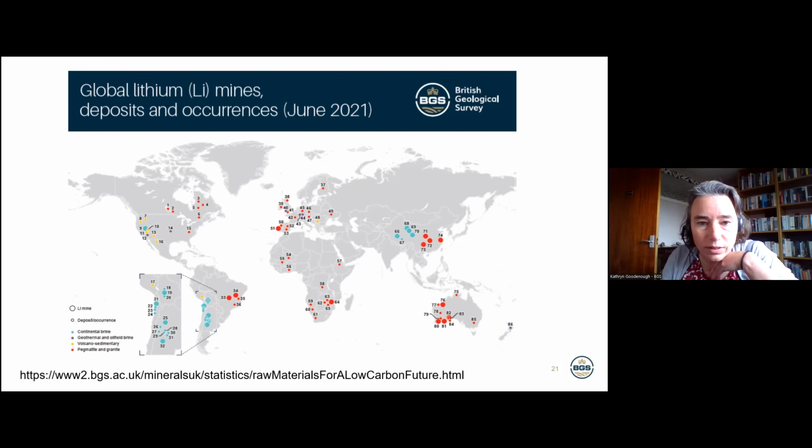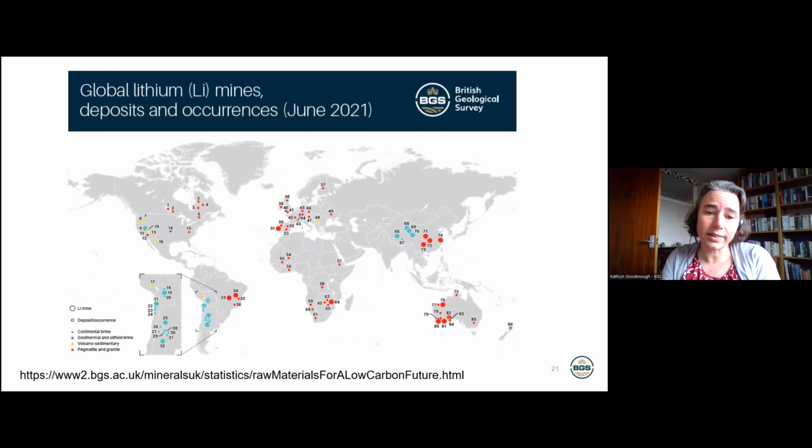I can see, in fact, that there's very little shown in Scandinavia, but there are certainly lithium deposits in Scandinavia. There's very little shown here in Russia and Central Asia, not because they don't exist, just because we find it quite hard to get the details of where they are so we can put the spot on the map. But you can see across North America, across Europe, across Africa, plenty of known deposits, but very few actual mines.